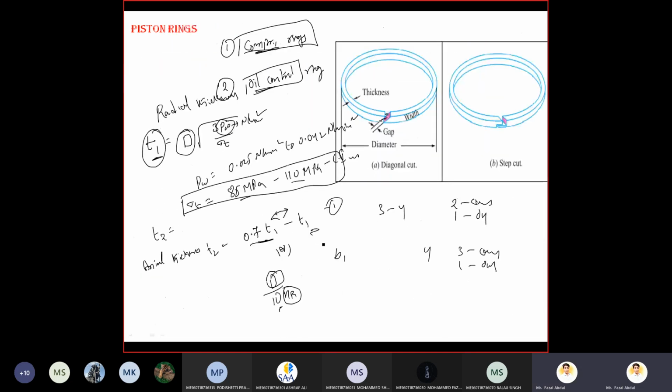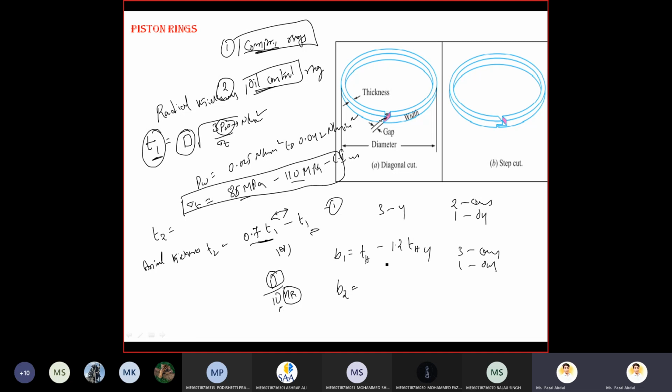B1, B2, I'm calculating. B1 is the top land thickness, the width of the top land. Its relation is TH to 1.2 TH. TH is the thickness of the piston crown. And the width of the other ring lands, that is the distance between the ring grooves, just now I've shown, that is B2.